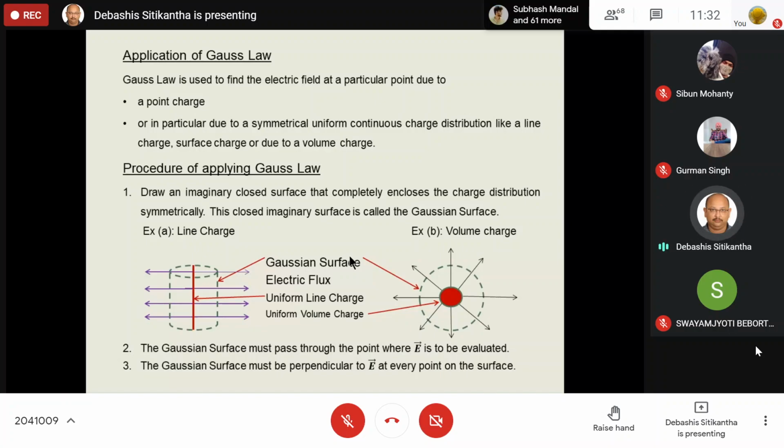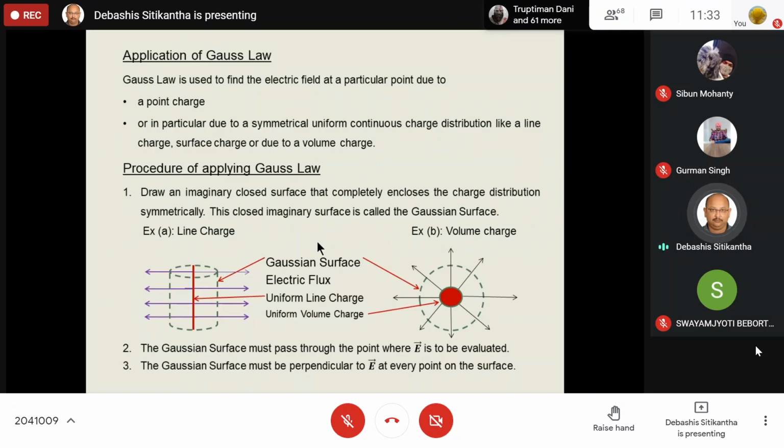Okay. Now let us move on to the application of Gauss law. So you can see I have made 2 points. Gauss law is used to find the electric field at a particular point due to, one, a point charge, or two, a symmetrically distributed uniform continuous charge distribution like line charge, surface charge, and volume charge.